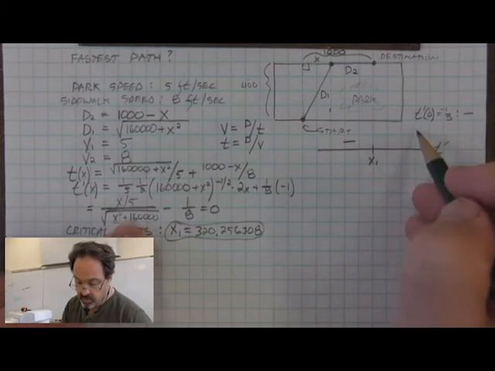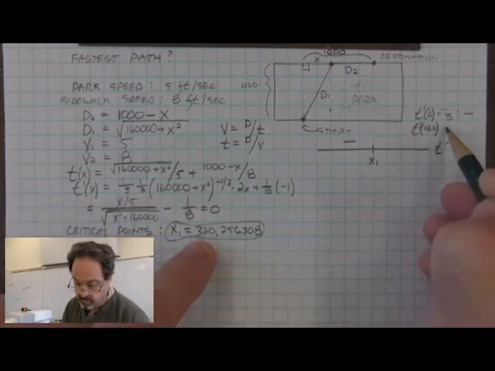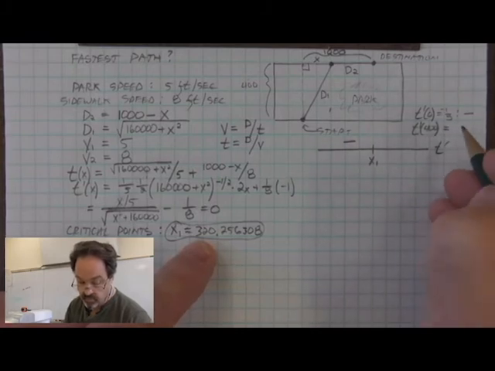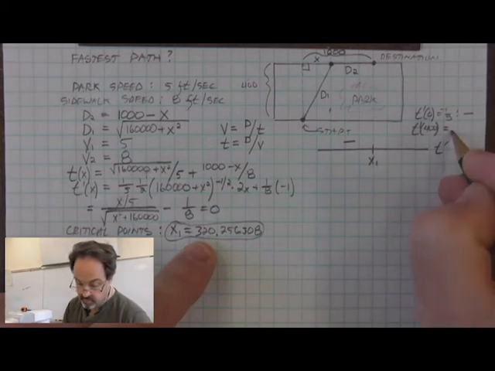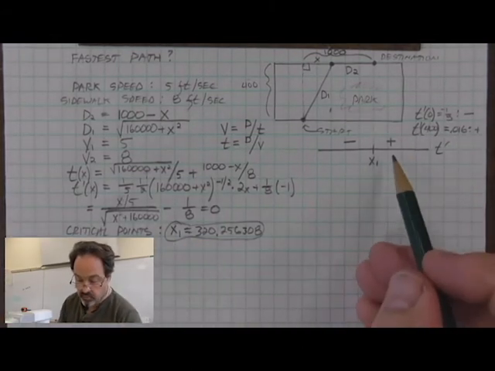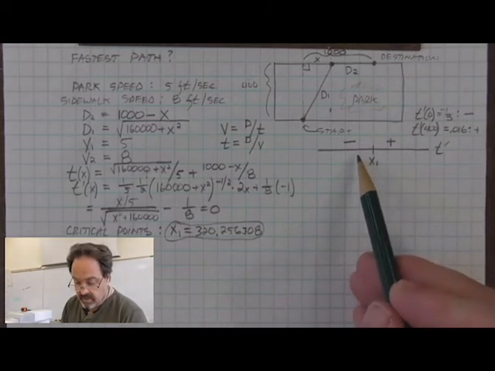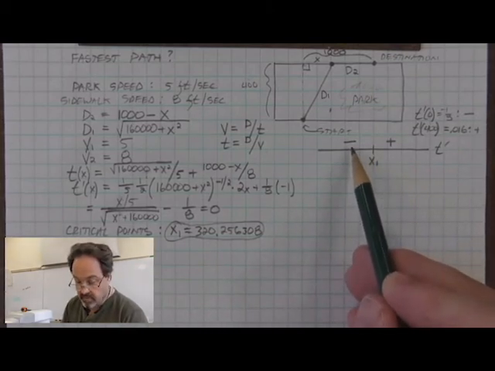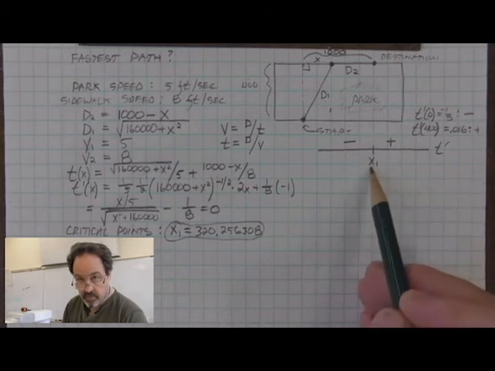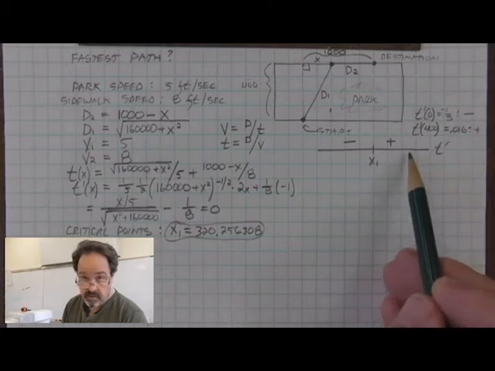I need to put in a number greater than this critical point into the derivative, like 400. And when I do, a calculator has shown me that that was approximately 0.016, which is a positive value. So I've shown with my sign line that the derivative is negative and then positive through the critical point, where the function was decreasing, reached a minimum, and then increased afterwards.